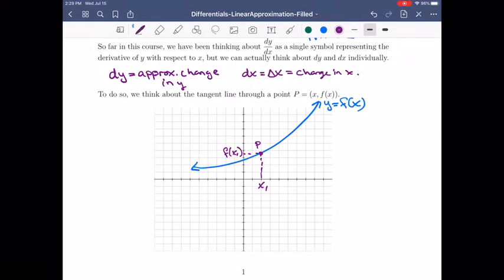We want some change in x, and actually, let's just call it x instead of x1, so I don't have to write those. Let's say it's over here. So this is going to be x plus some change, plus some delta x. And then the y value is going to be f of that.